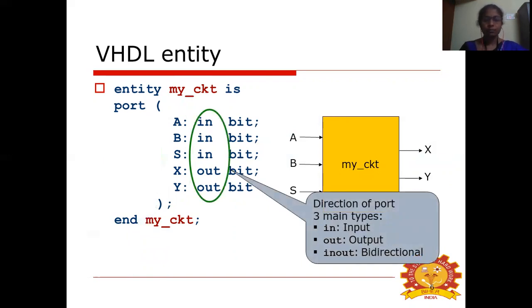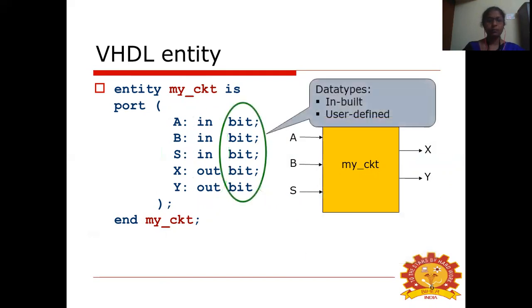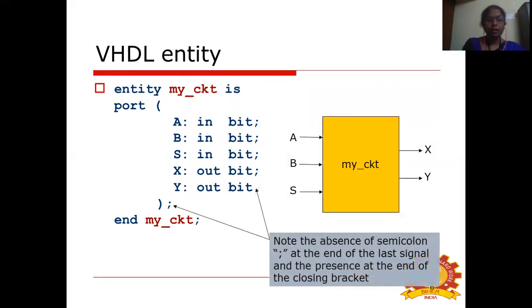In and out represent input signal and output signal. If it is in-out, it is a bidirectional signal. Bit is a data type; it can be built-in or user defined. Note the absence of a semicolon at the end of the last signal and the presence of the closing bracket.